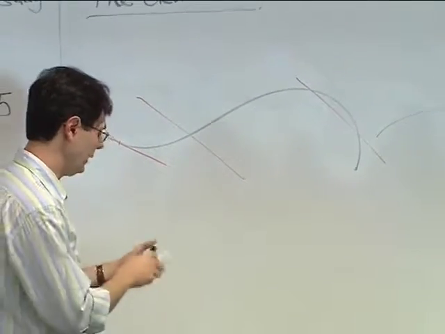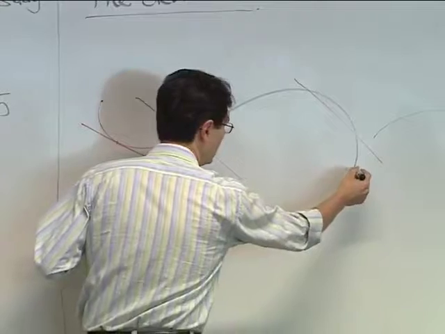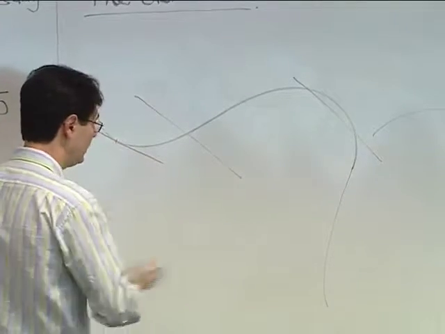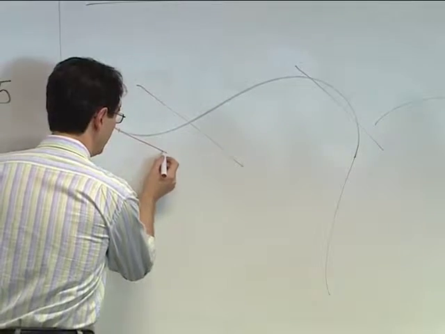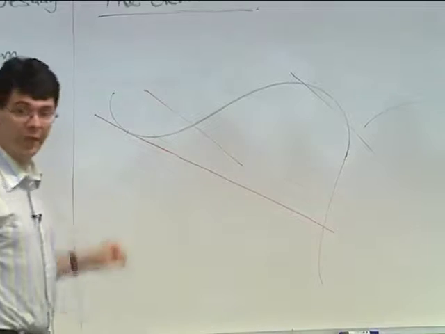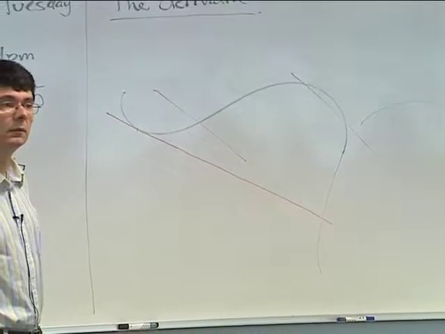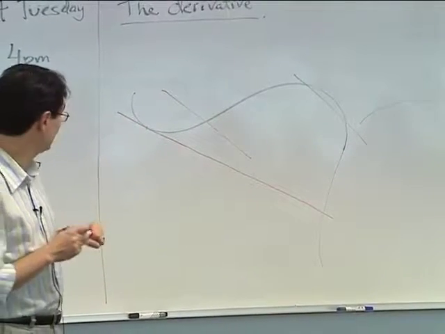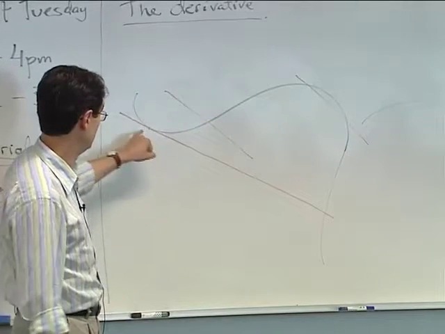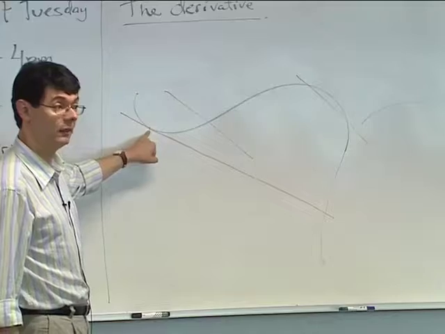Now, mind you that you can be tangent somewhere and not tangent elsewhere. That's all right. Okay? This red line here is tangent to the black curve at the tangency point.